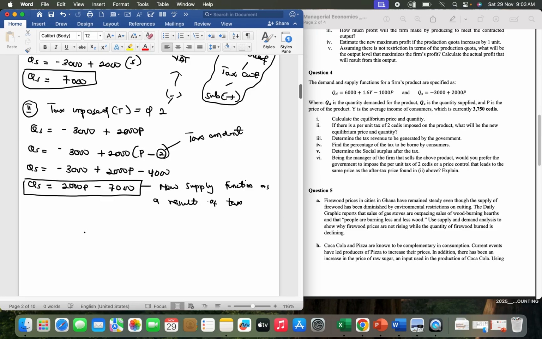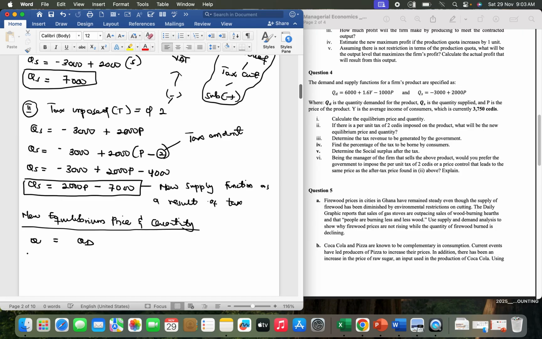Okay. Since we have this, we can now find the new equilibrium price and quantity. The new supply function should be equal to the old demand function.